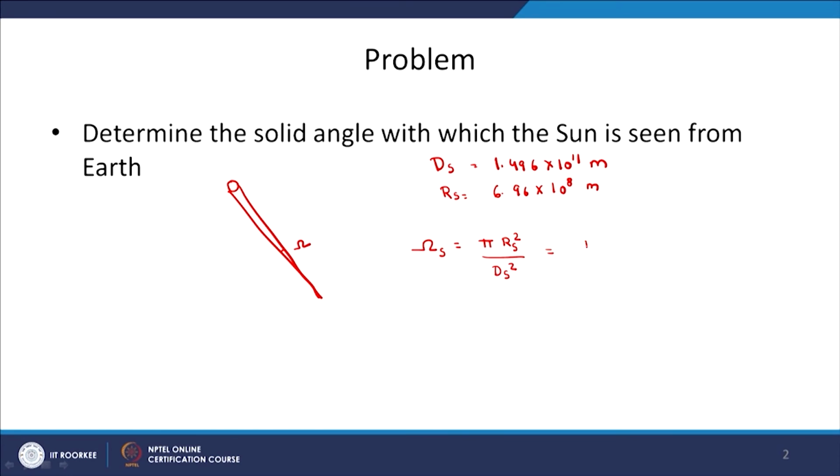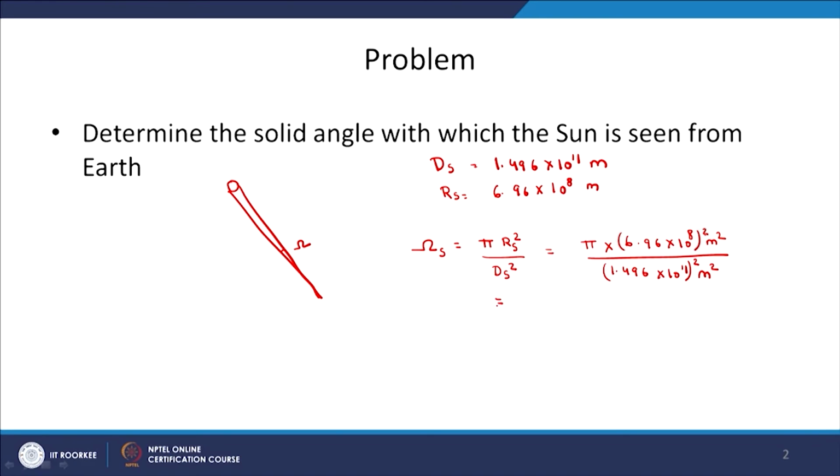So, pi times (6.96 × 10^8 m)^2 divided by (1.496 × 10^11 m)^2.